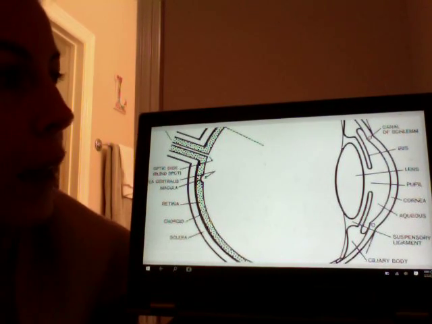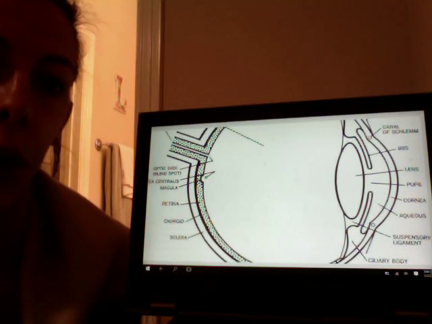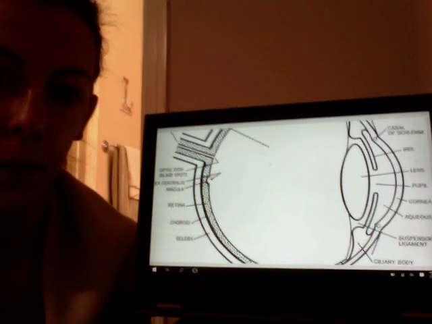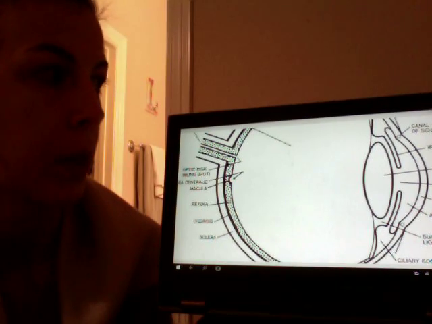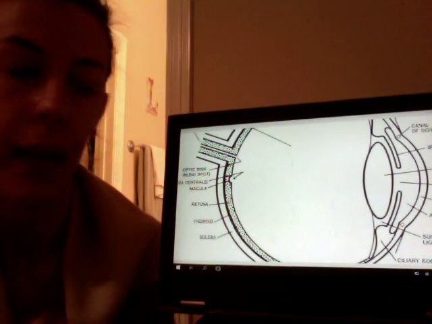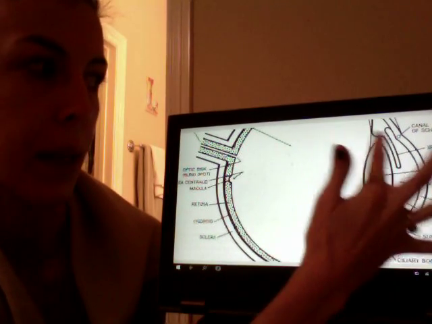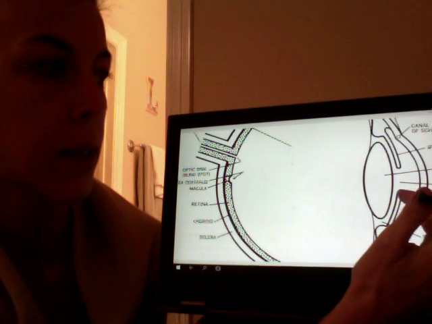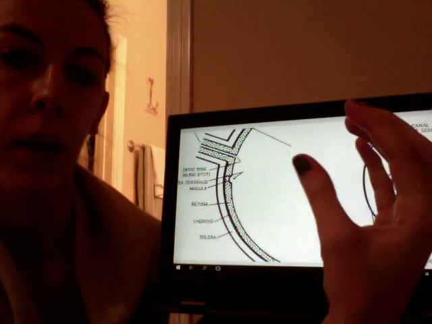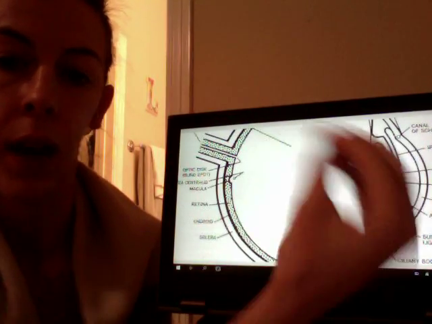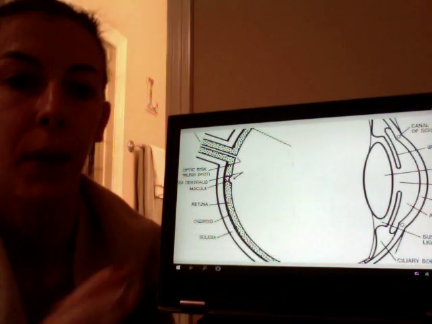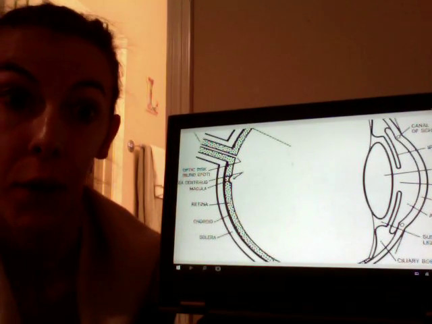The ciliary body is responsible for also controlling the size of the lens. This big piece that you see right here is the lens. The lens helps the eye focus on objects that might be close up, but it also helps see objects that are far away.